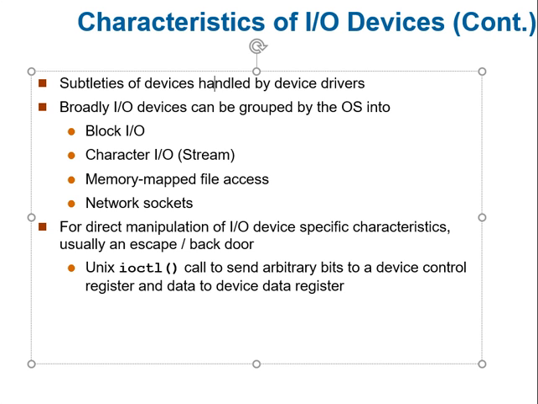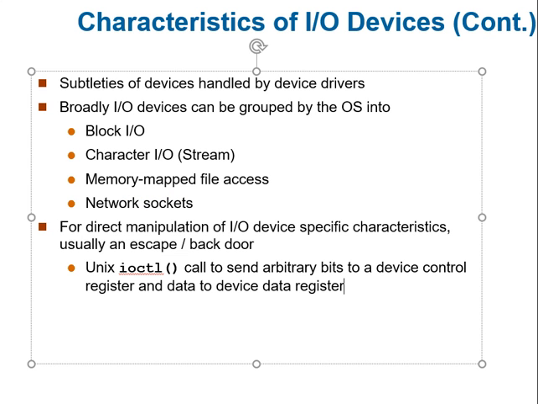Normally, the subtleties of the device will be handled by the device driver, and the OS groups I/O devices broadly into block I/O, character I/O, memory-mapped file access, random access, or network socket, and so on. So we can see them one by one later based on these characteristics.